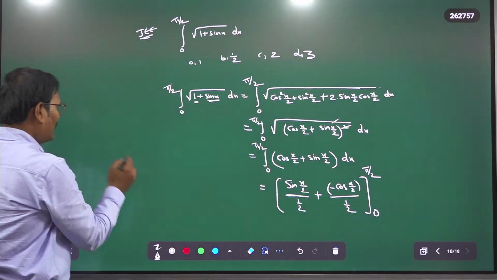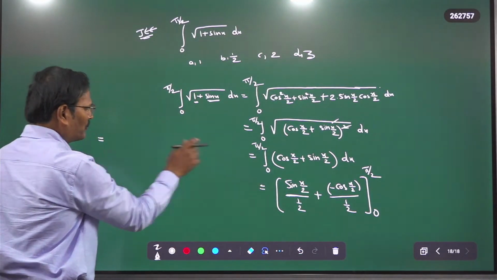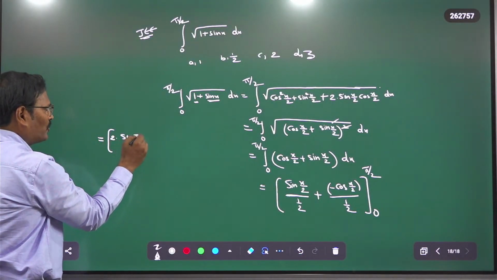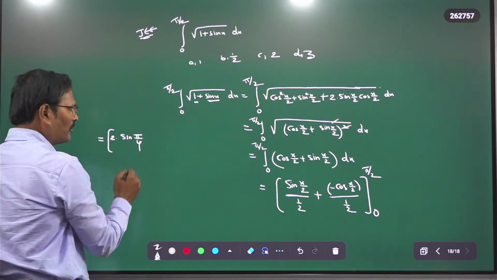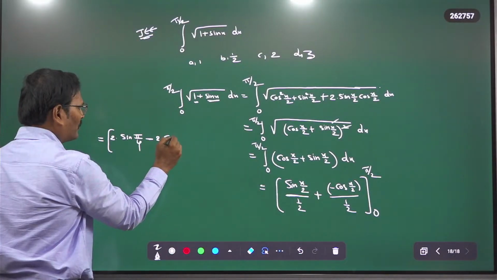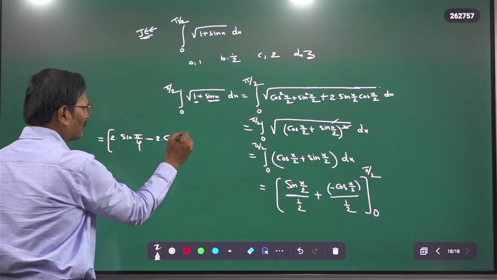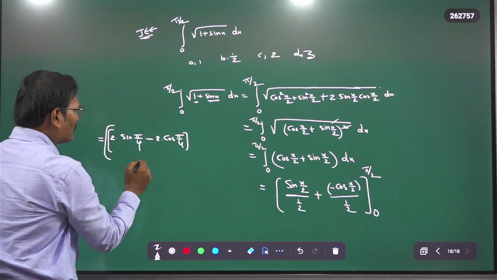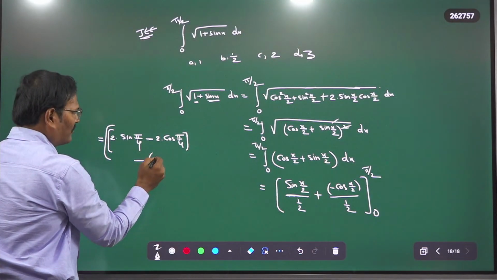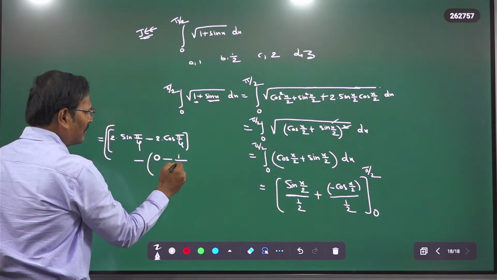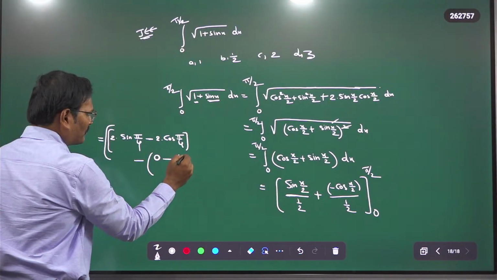Now substitute the limits. I am taking 1 by 2 to the numerator side, so 2 into sin pi by 2 by 2, which means pi by 4, plus, minus into minus, minus 2 into cos pi by 4. So I have substituted the upper limit. Minus sin 0, which is 0, minus cos 0, which is 1, by 1 by 2.